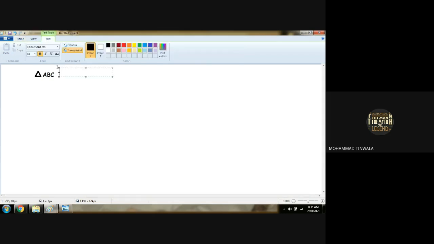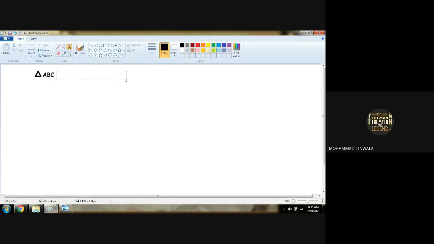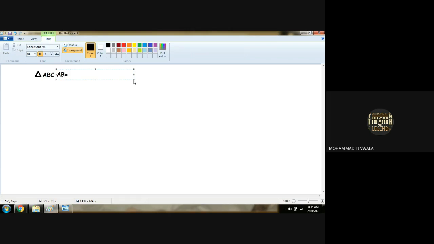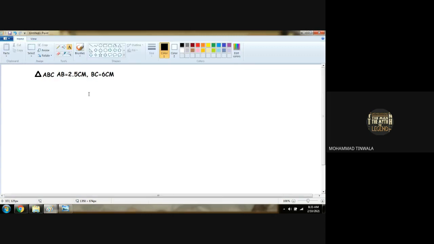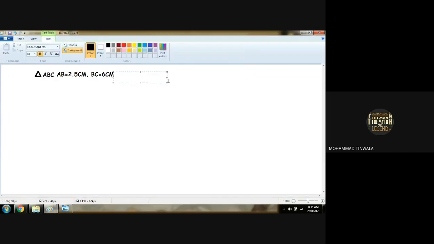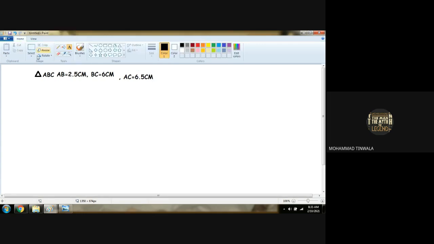AB is 2.5 centimeter, and BC is 6 centimeter, and last one, AC is equal to 6.5 centimeter. Okay? These are the things given here.